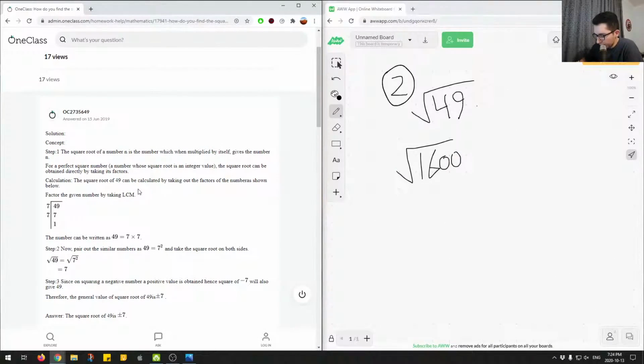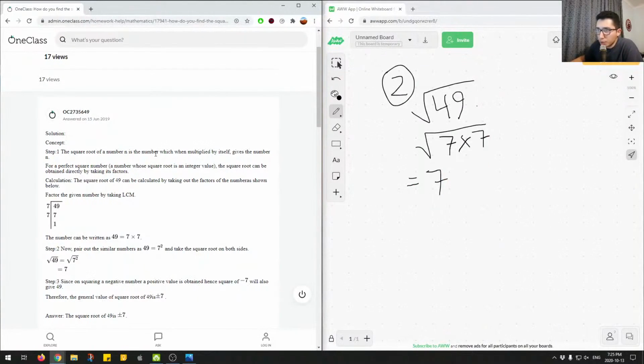For 49, there isn't much that it's divisible by other than 1, 7, and 49. Because we know it's divisible by 7, it would be 7 times 7. So 7 times 7 gives you 49. This is a matter of just knowing your multiplication tables, and you know that the square root of 49 is 7.